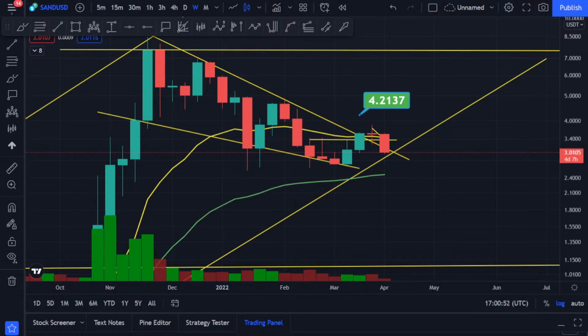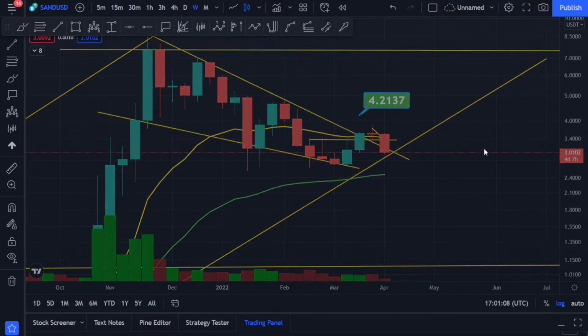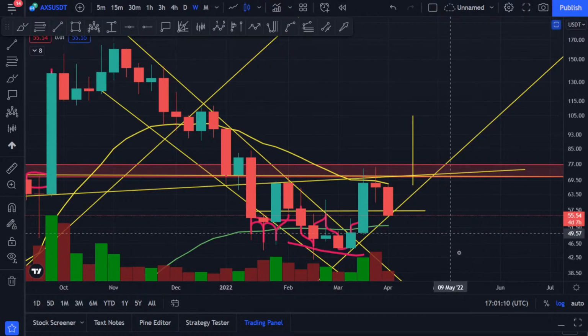Yeah, Axie Infinity is falling because Bitcoin is falling. And that's the reason not only Axie has fallen, a lot of other coins have fallen because of Bitcoin. Look at this.